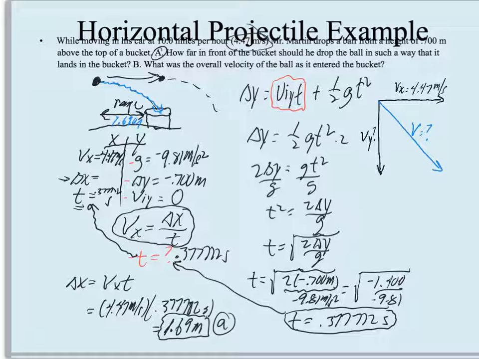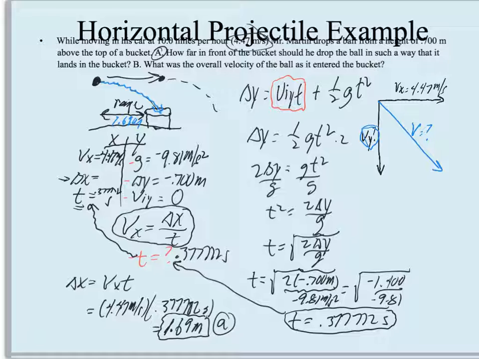And this means we're going to have to jump through a couple of hoops here to help us figure it out. The first thing that we're going to have to do is figure out what this is. And then once we figure out what that value is, we can use that value with Vx to find V. Well, what is Vy?